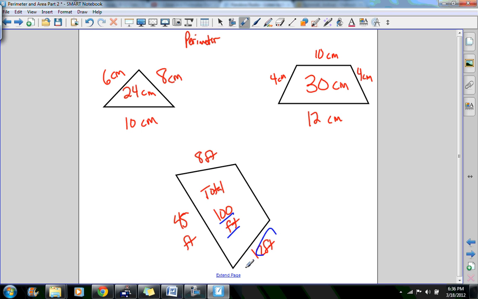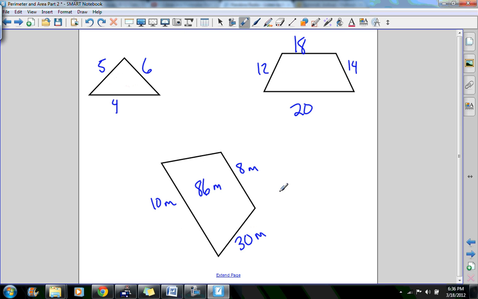So we have 45 plus 12 is 57. 57 plus 8 is 65. So we have to go 100 minus 65 is equal to 35. So right here is going to be 35 feet. I want you to try these on your own.